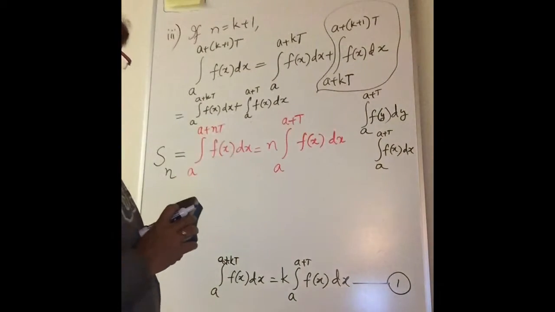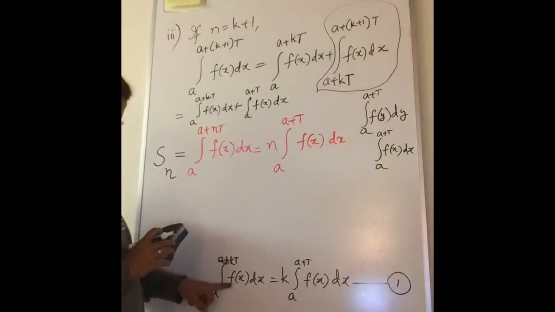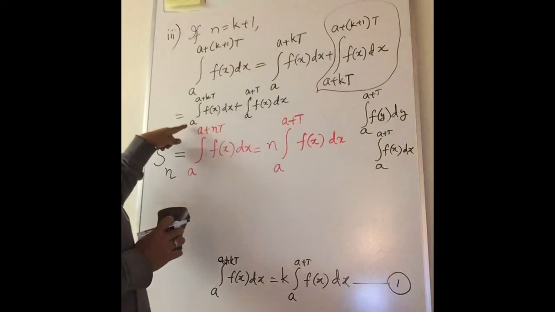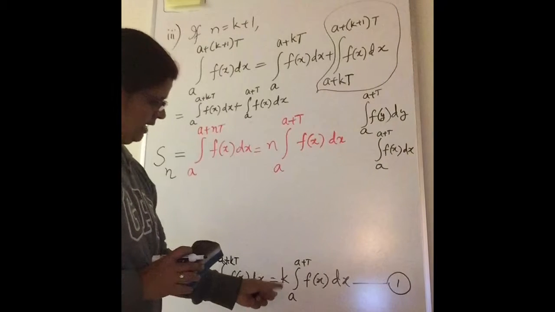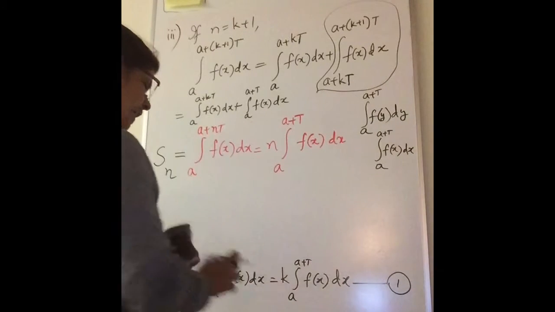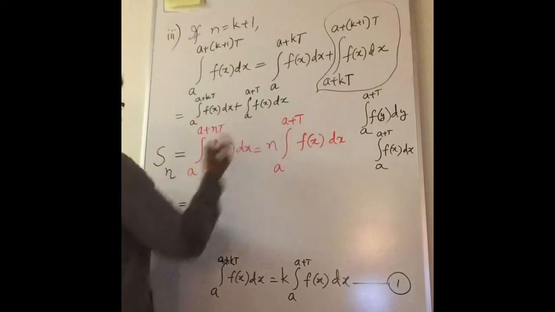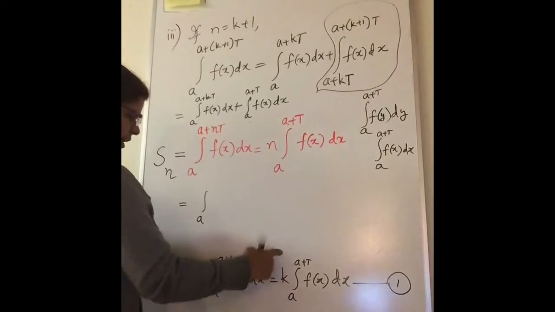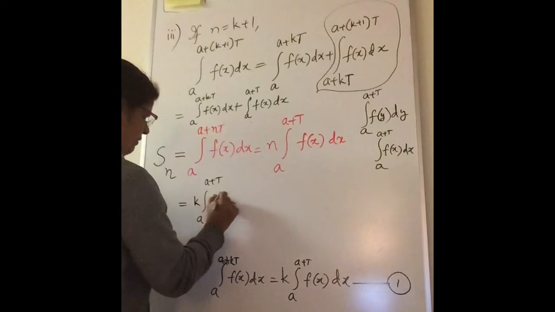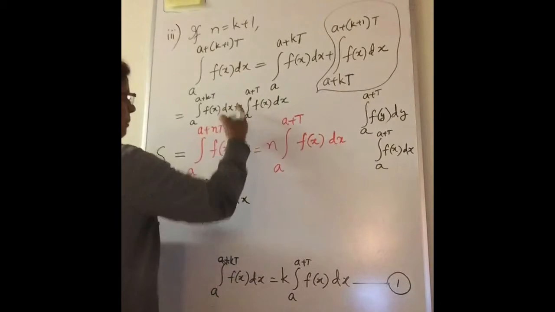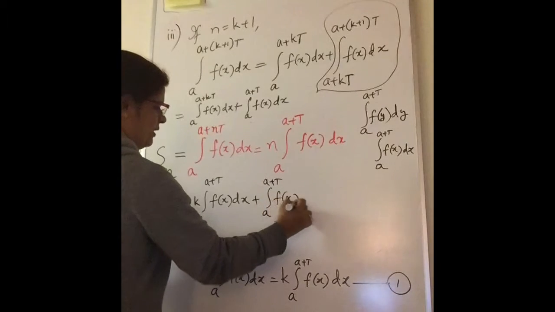So here, what did you notice? From equation 1, we can take integral a to a plus kT f of x dx as k times integral a to a plus T f of x dx. So that is taken in this step. That is integral a to a plus T, k term comes forward. So f of x dx plus integral a to a plus T f of x dx.